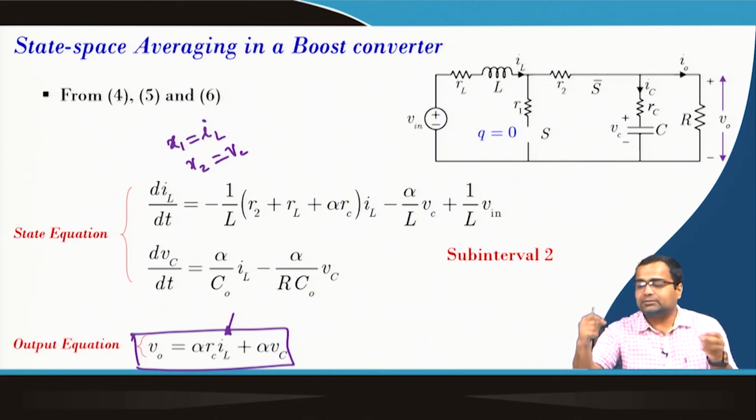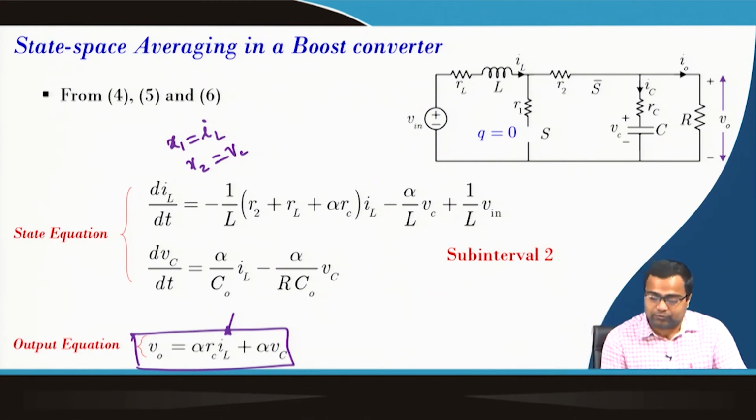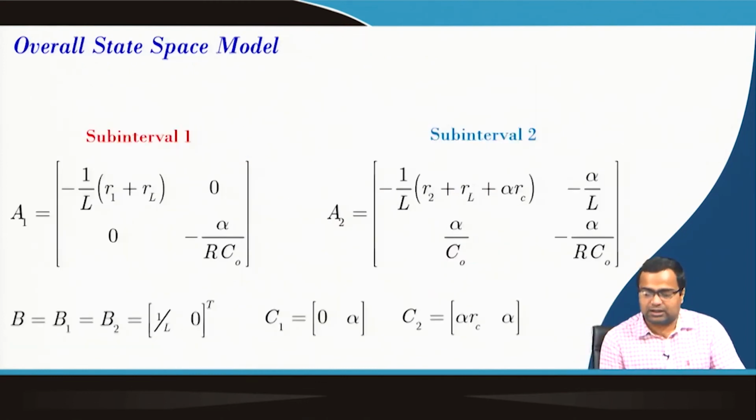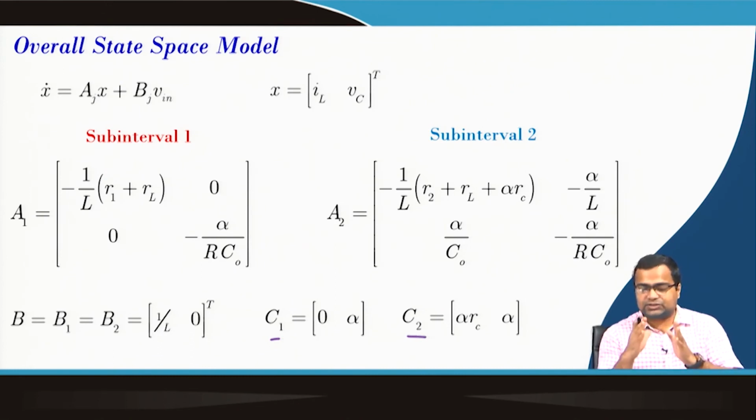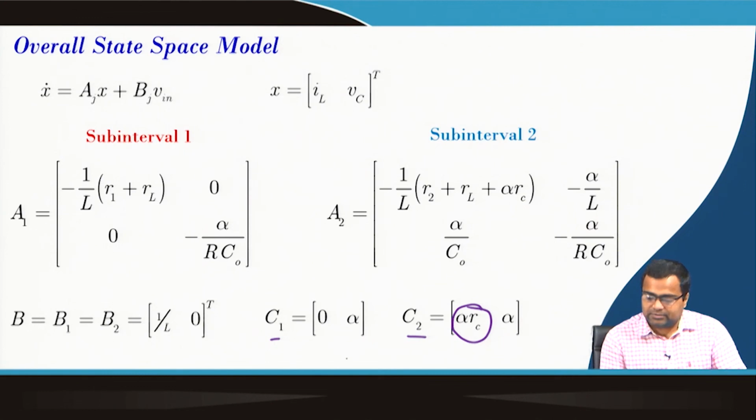So, as a result, if you see the output voltage dynamics, C1 and C2 are different, and at each switching, whenever the switch changes its state, there will be a discrete jump, because there will be a term alpha RC x1, and x1 is nothing but alpha RC into IL.